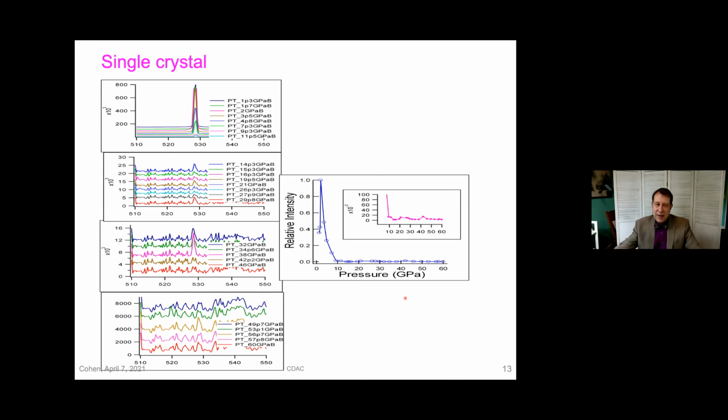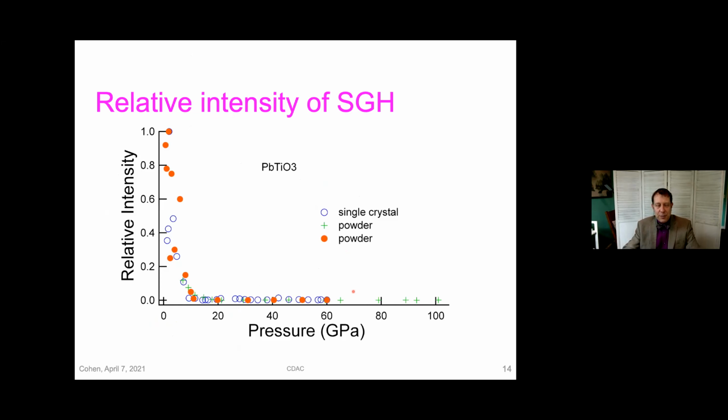So I think these are the 10 Kelvin data over here, and you see that it drops essentially to 0 above 10 GPa. So it seems like there is no polar structure at high pressure. So that's shown again here for both single crystals and powders. The drop, maybe there's some signal up to 15 GPa or so, but pretty much by 10, it's mostly gone.